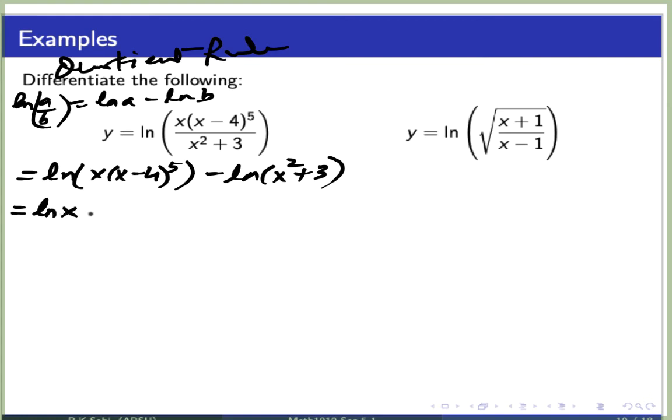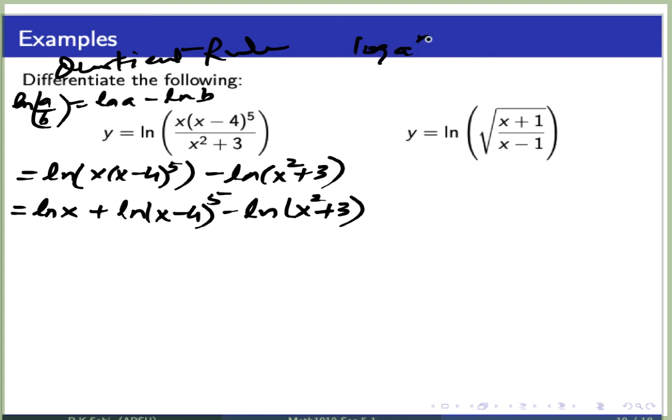We say natural log of x plus, that's called the product rule when I apply here, x minus 4 to the power 5 minus natural log of x squared plus 3. Now, nothing can be done on the first expression, but this middle expression, we can apply the power rule. Remember when I said the word power rule, that's log of a to the power n, n log of a. That's called the power rule.